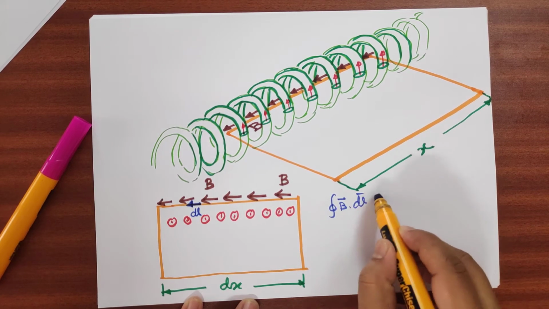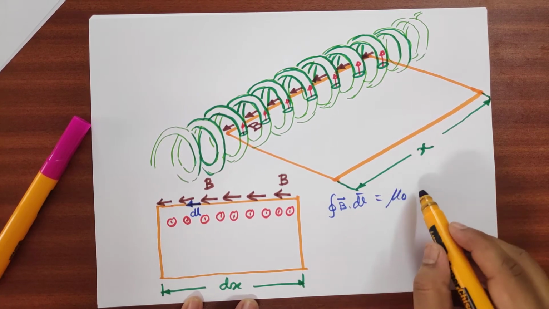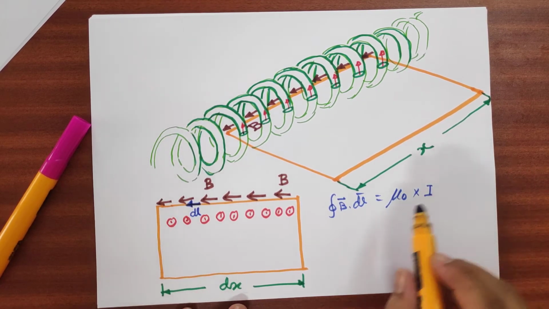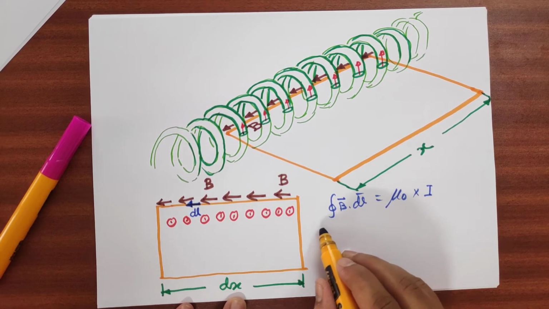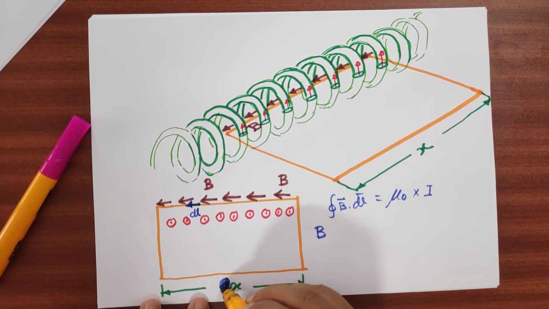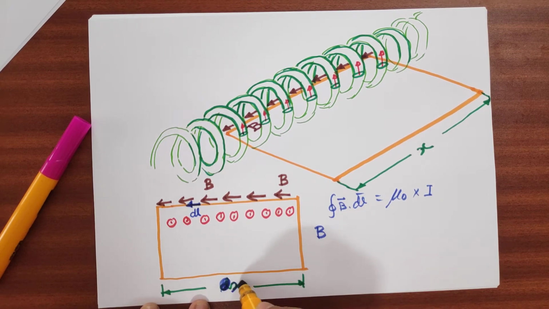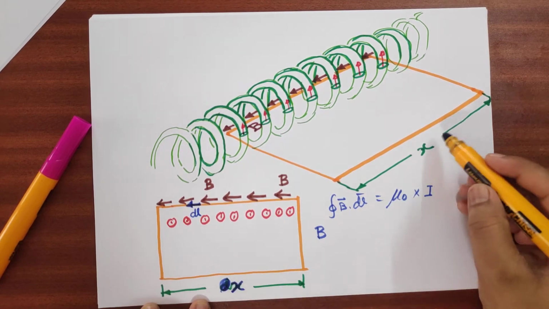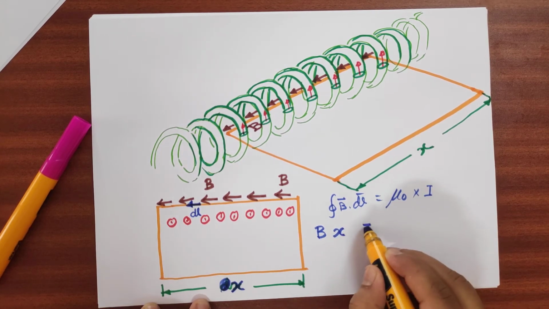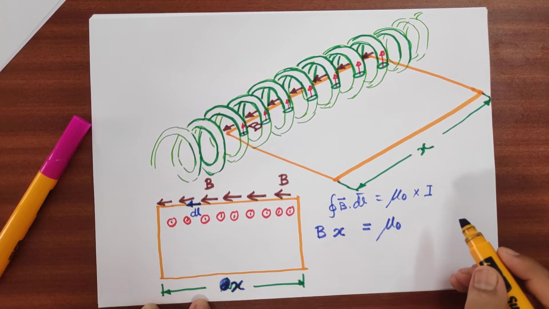Integral of B dot dl is mu 0 into I. So integral B dot dl is actually B into x, please correct it, x. So B multiplied by x equals mu 0 into I.